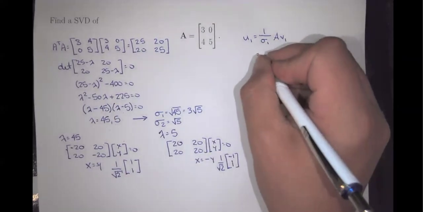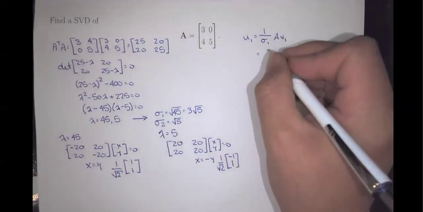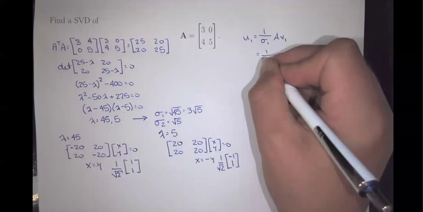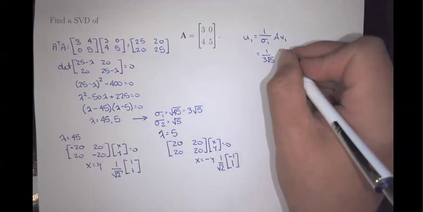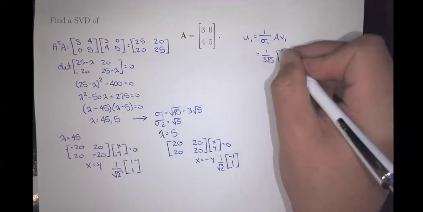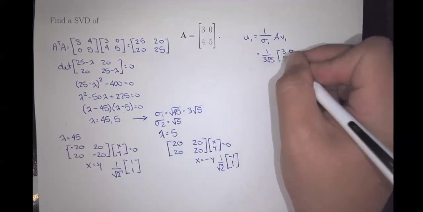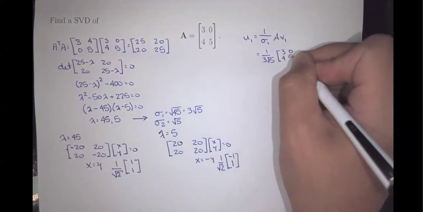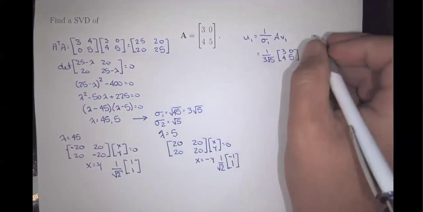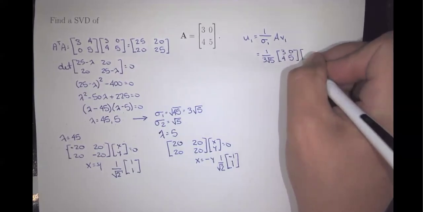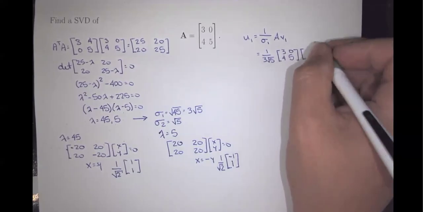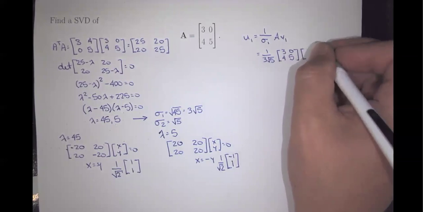So here, we know that sigma 1 is 3 root 5, so 1 over 3 root 5 times matrix A times V1, which is 1 over root 2 times 1, 1.